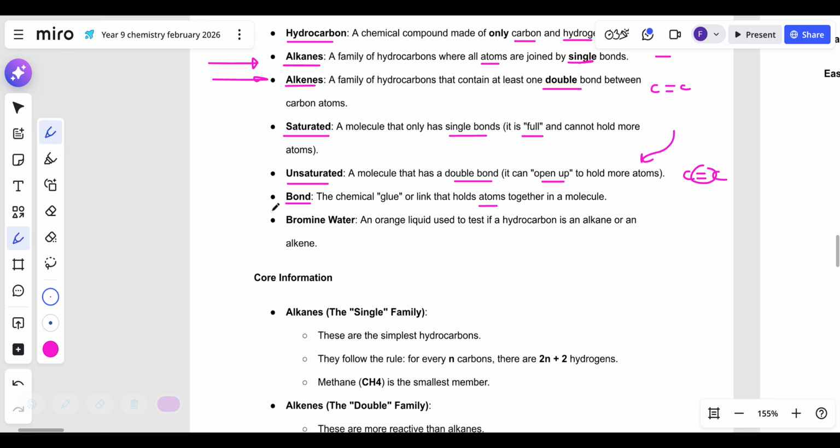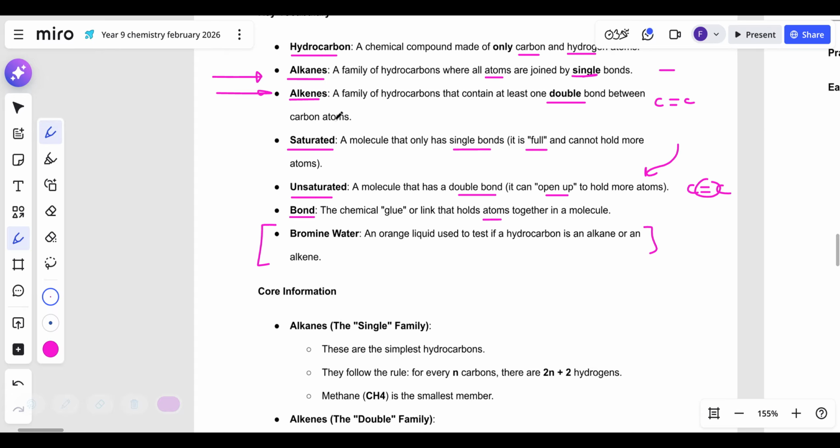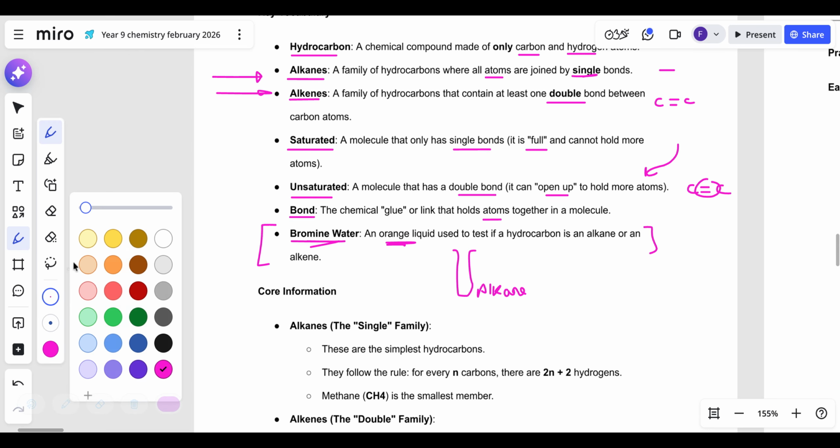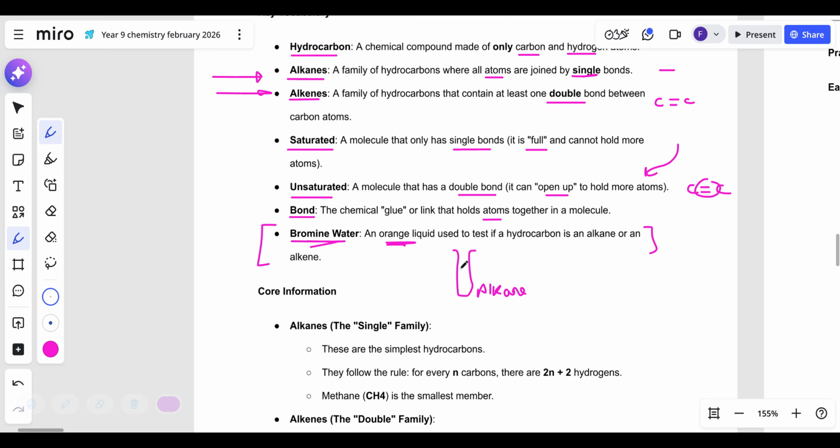And something completely different. How can I tell the difference between an alkane and an alkene? You add bromine water. It's like this orange liquid. If you've got an alkane, it will stay orange. So all you do is add bromine water. If it's an alkane, it will stay orange and look like that.